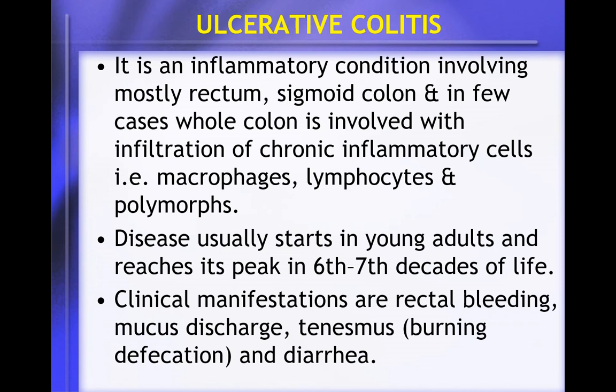This disease usually starts in young adults and reaches its peak in the 6th or 7th decades of life. Clinical manifestations are rectal bleeding, mucus discharge, tenesmus, meaning a burning sensation while defecating, and diarrhea.